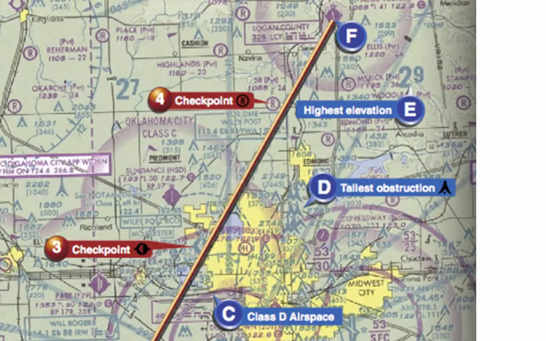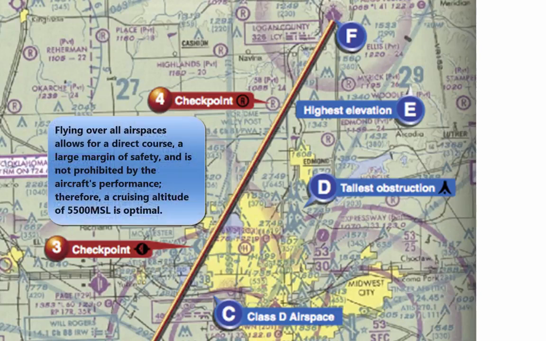For this trip, it should be noted that the tallest obstruction is part of a series of antennas with a height of 2,749 feet MSL, point D. The highest elevation should be located in the northeast quadrant and is 2,900 feet MSL, point E. Since the wind is no factor and it is desirable and within the aircraft's capability to fly above the Class C and D airspace to be encountered, an altitude of 5,500 feet MSL is chosen.